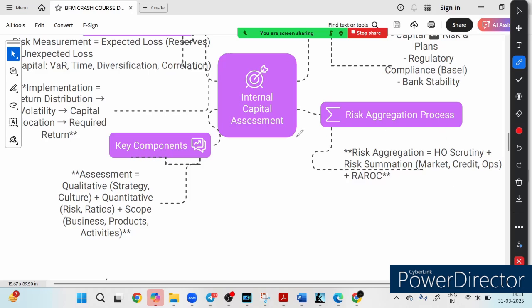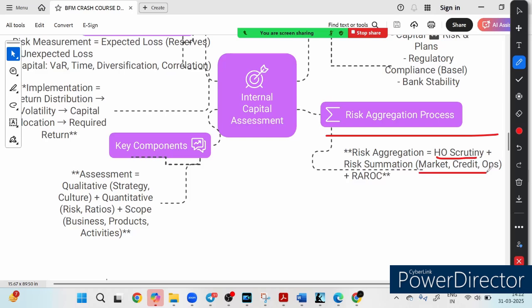Now let's look at the risk aggregation policy process. Lastly, banks need to aggregate all forms of risk, whether market, credit, or operational, into a single comprehensive risk profile. This involves scrutiny at the head office (HO) level and summation of risk using RAROC metrics, right?